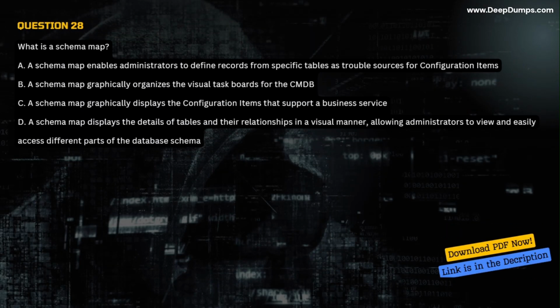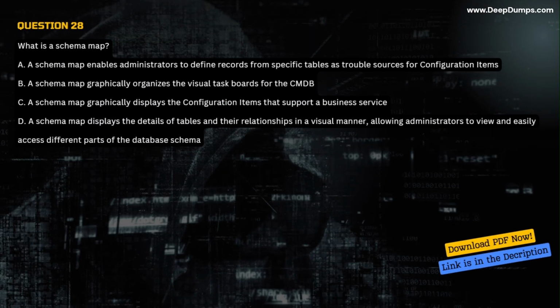Question 28. What is a schema map? A. A schema map enables administrators to define records from specific tables as trouble sources for configuration items. B. A schema map graphically organizes the visual task boards for the CMDB. C. A schema map graphically displays the configuration items that support a business service.